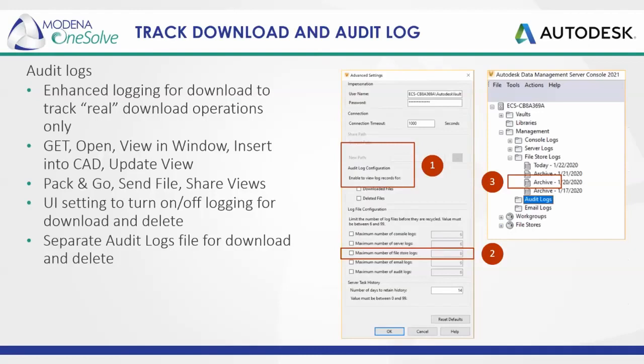There is a new user interface setting to turn logging for downloads on and off, and a separate audit log for operations that download files and operations that delete files. Something to mention here is that operations like copy design, checkout, undo checkout, edit properties don't require it and therefore won't be tracked in those audit logs.